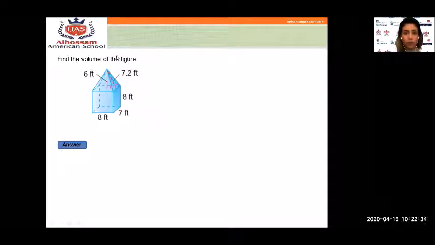First, we will write what? We will split the figure into two shapes, right? The first one is the square prism, and the second one, the upper one, is the square pyramid, right? Okay, start.